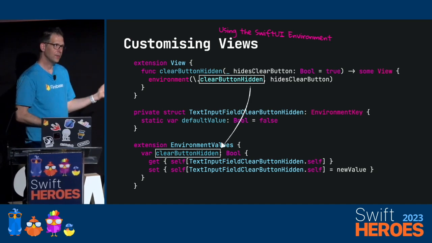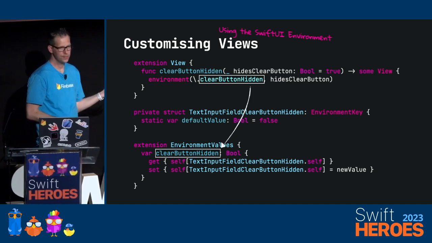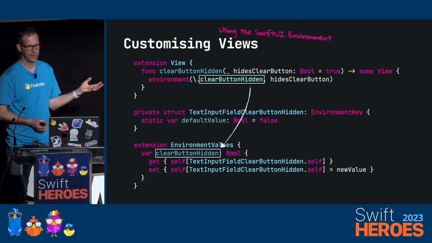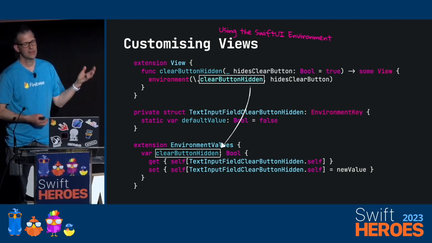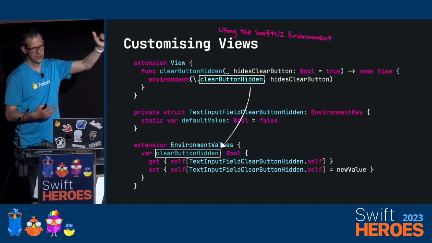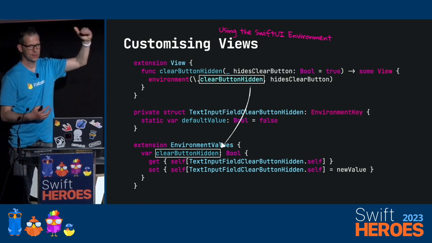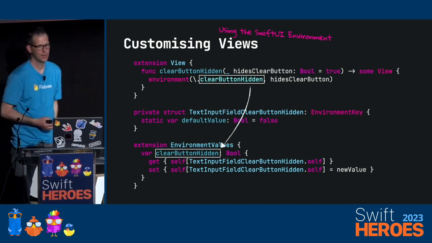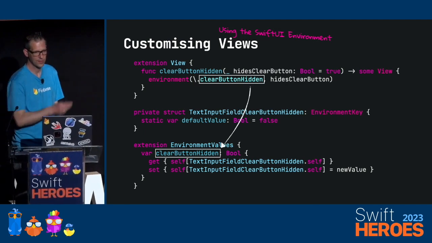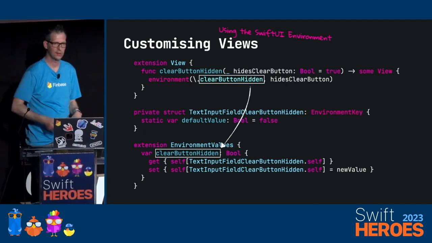Then we'll have an extension on view, which gives us this clear button hidden view modifier. Inside the view modifier, all we do is write into the environment to connect to this property key that we defined before with this clear button hidden.